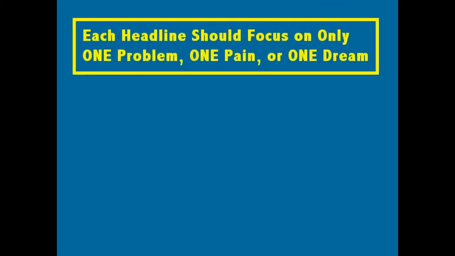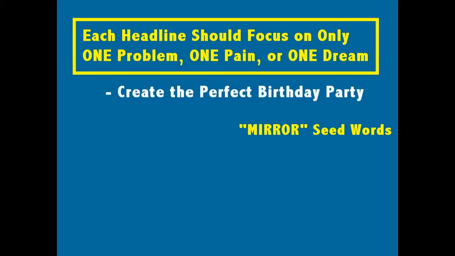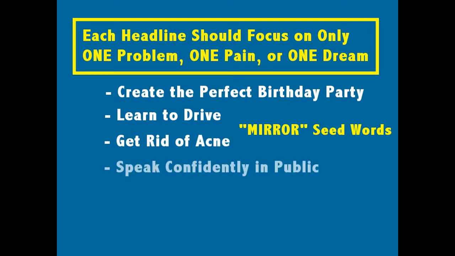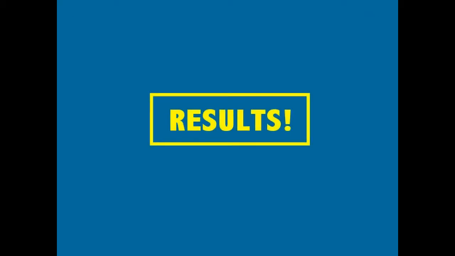Just like each product idea, each headline should focus on only one problem, one pain, or one dream. Some seed words that fit into that category would include: create the perfect birthday party, learn to drive, get rid of acne, speak confidently in public, or overcome your shyness. These are the results you promise to deliver to people who use your product.